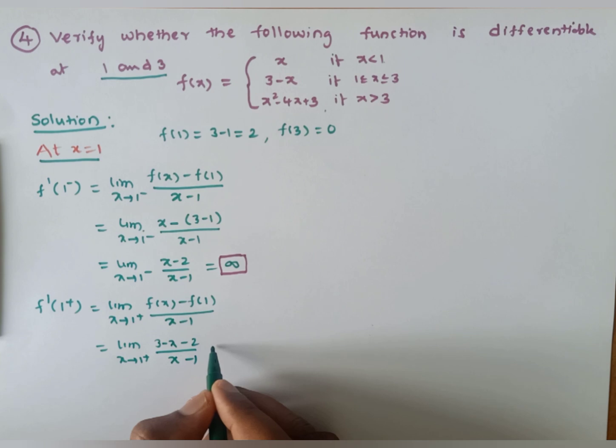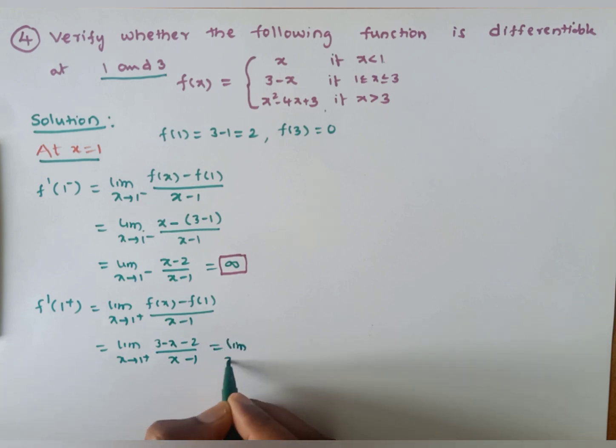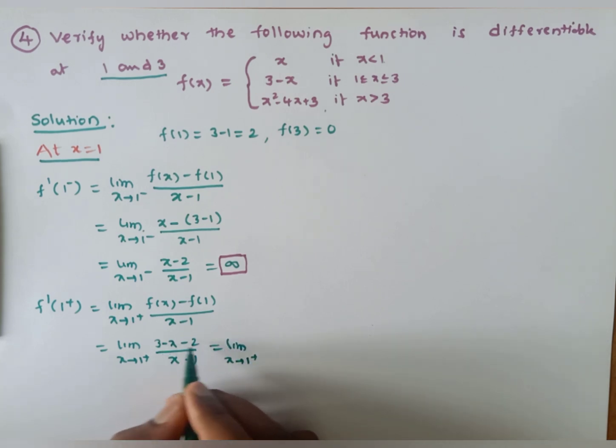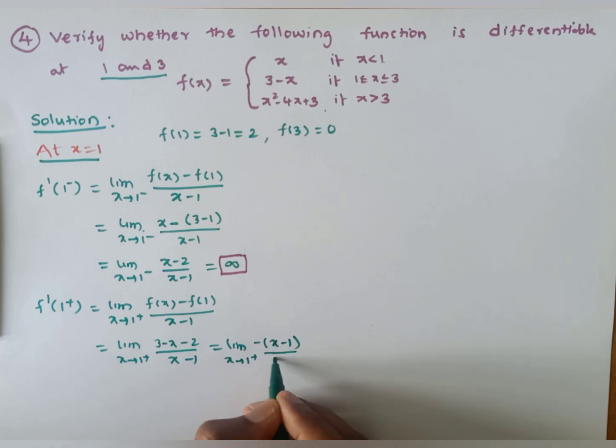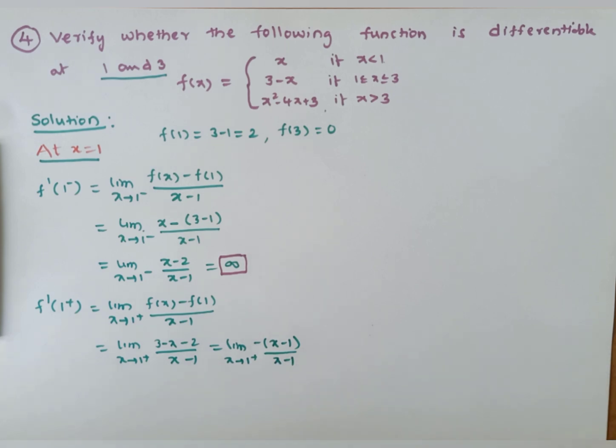So limit x tends to 1 plus, 3 minus 2 is 1, or you can take a minus out, so minus of x minus 1, x minus 1 divided by x minus 1, right? Now x minus 1 and x minus 1 get cancelled, therefore it is minus 1. As x approaches 1 plus or 1 minus, a constant is always constant, so the right hand derivative at 1 is minus 1.